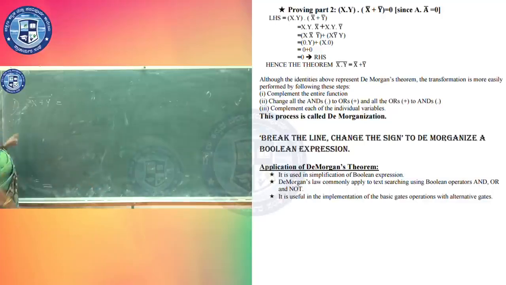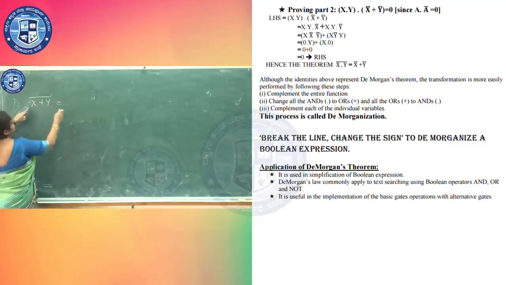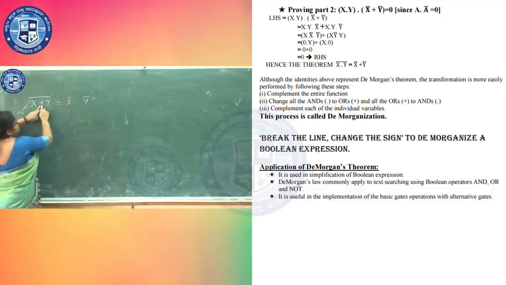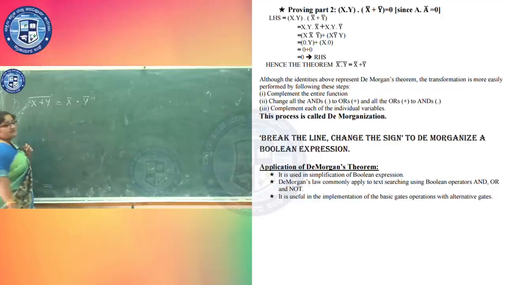This is De Morgan's first theorem, (x plus y) whole dash is equal to, as I told you, break the line, change the sign. We have to break this line, that is x dash and y dash, change the sign. Sign is plus and make it AND. This is De Morgan's first theorem.